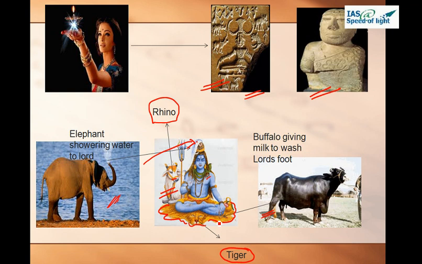You have to visualize that picture, as your mind might have got trained on that particular thing. So see Lord Shiva sitting and meditating, and the four animals we linked: first the tiger, then the rhino, then the elephant, and then the buffalo.